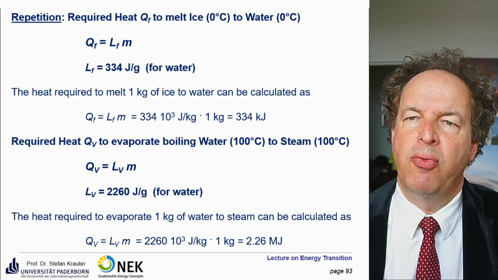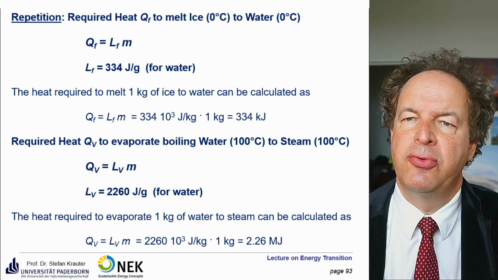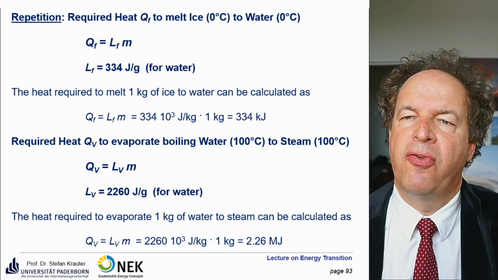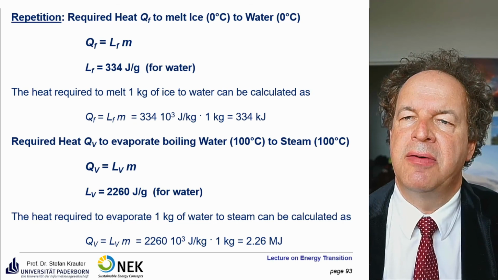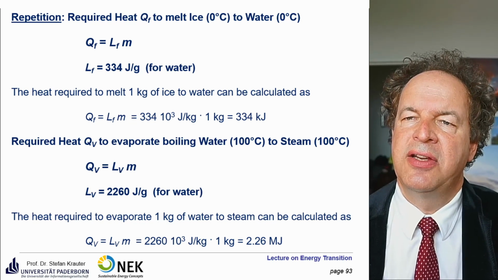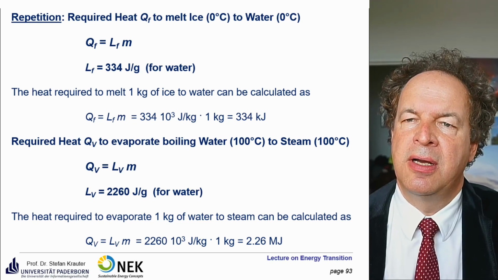For example, if you want to melt 1 kilogram of ice, you have the formula Q = L_f times m, where L_f is for fusion. This is 334 times 10 to the power of 3 joule per kilogram, and you have 1 kilogram, so you need 334 kilojoule for that.